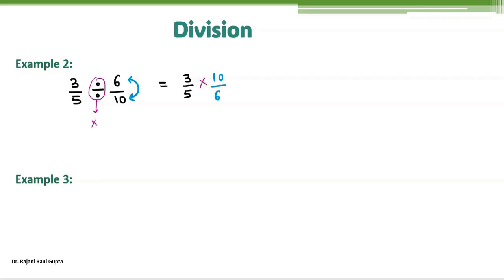Okay, so it now converted into multiplication, so we write 3 times 10 and 5 times 6. So how much is 3 times 10? 30. 5 times 6? 30. So yes, numerator, denominator same. Okay, it cancels and gives you the final answer as 1.